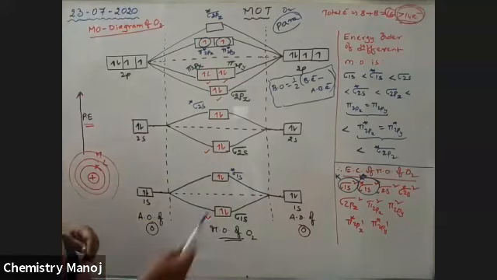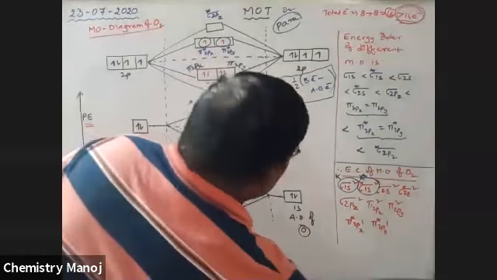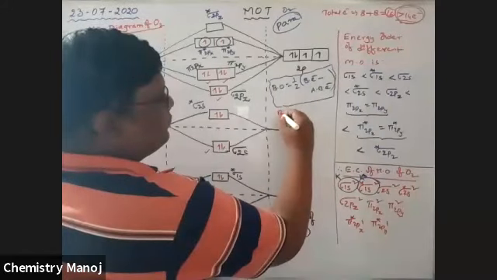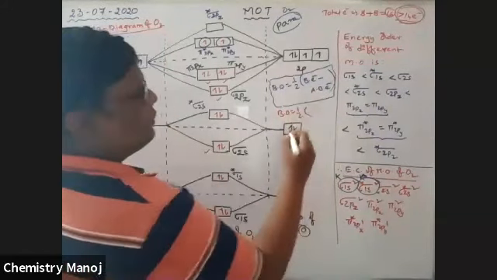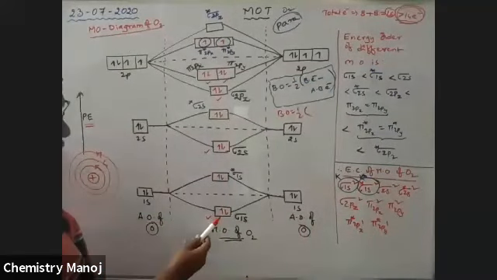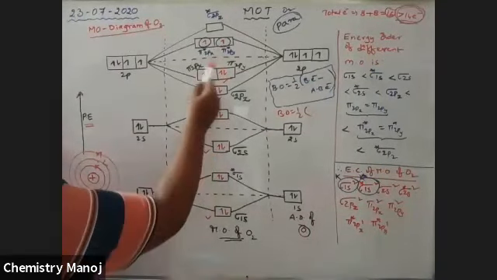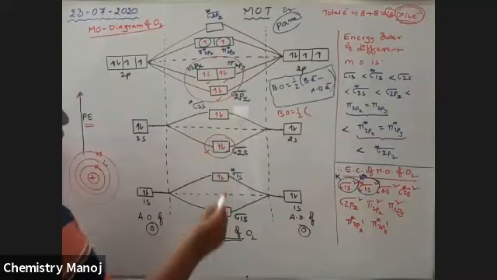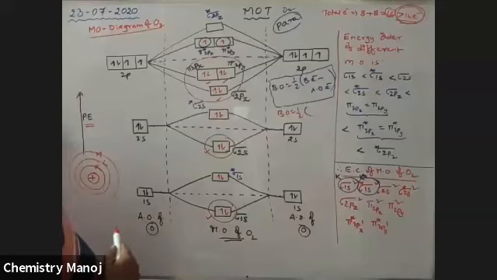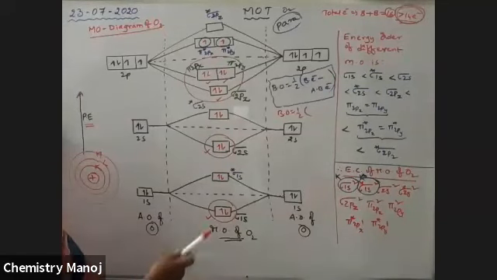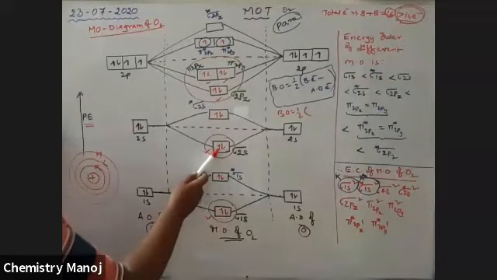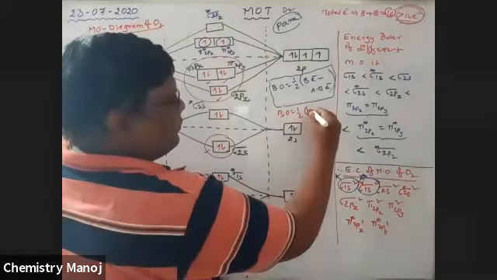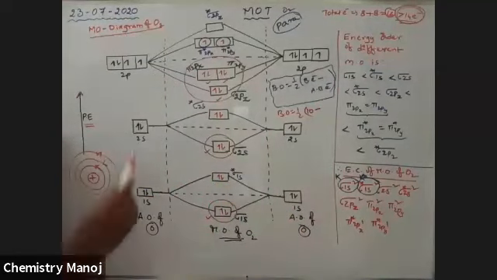See here. Bond order is equal to 1 by 2 times the bonding electrons. See boys, these are bonding. Count the number of bonding electrons: 2, 4, 6, 10. So 10 bonding electrons minus anti-bonding electrons.